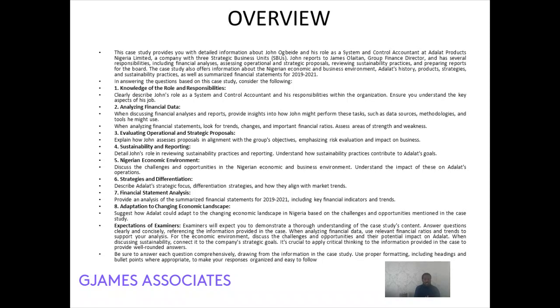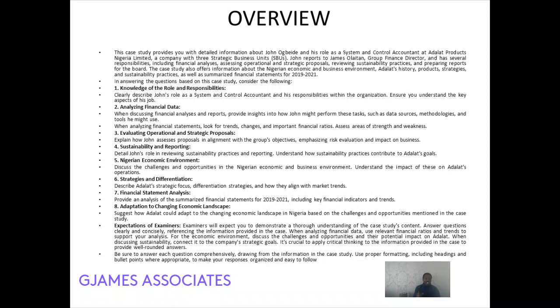I'm going to be telling us what aspects seem to be coming out. So when analyzing the financial statements, look for trends, look for changes, look for important financial ratios and compute them, assess areas of strength and weaknesses of this company, that is Adalat.